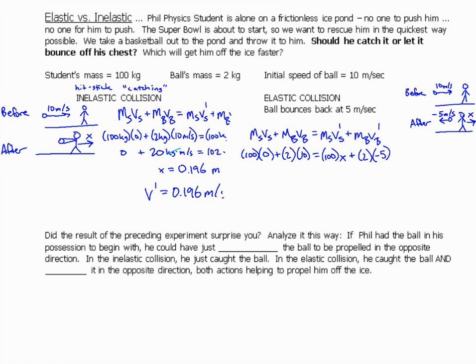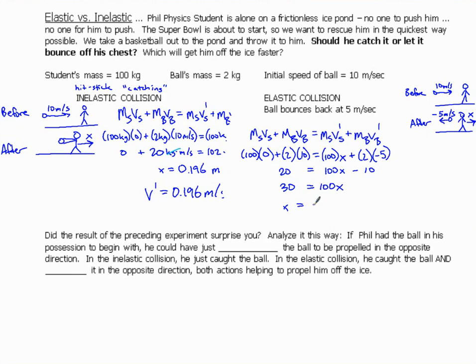So simplifying all of this, we have 20 equals 100x, and that's minus 10. So add this over. Now we have 30 equals 100x.